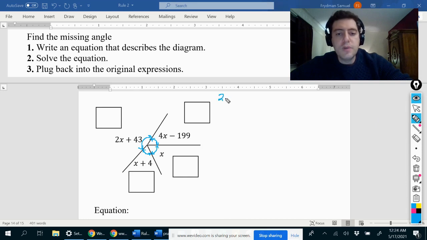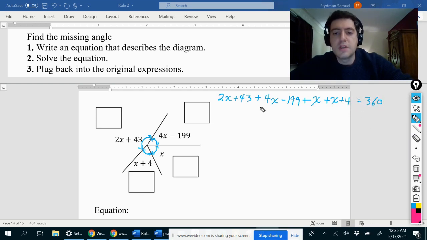So the equation would be 2x plus 43 plus 4x minus 199 plus x plus 4 equals 360.